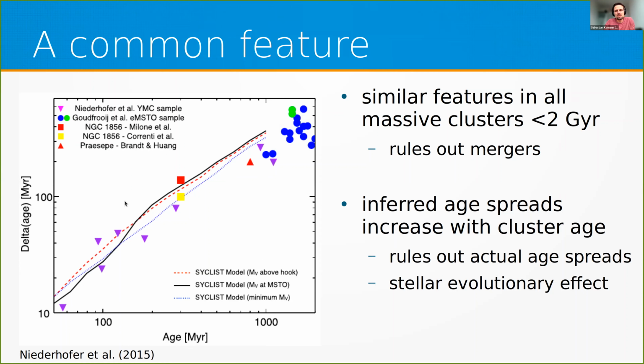But what are the open questions in terms of rotation and young star clusters? One is whether these populations that we observe, the slow and the fast rotating stars, are they actually discrete populations, or do we actually have a continuous transition from slow to fast rotators? Also, for these fast rotators, how do the typical rotation rates compare to the critical velocity?